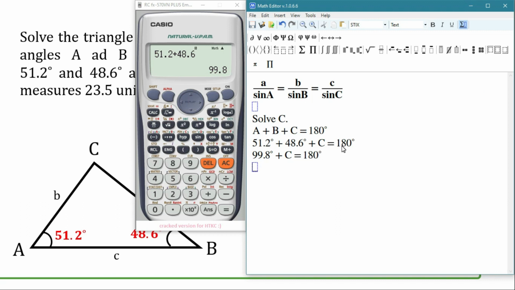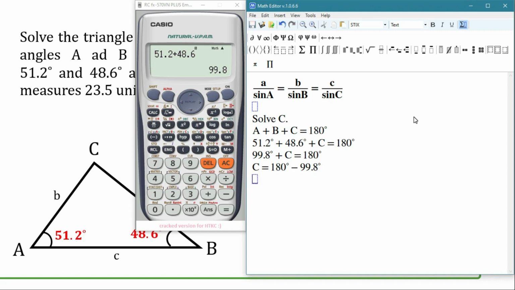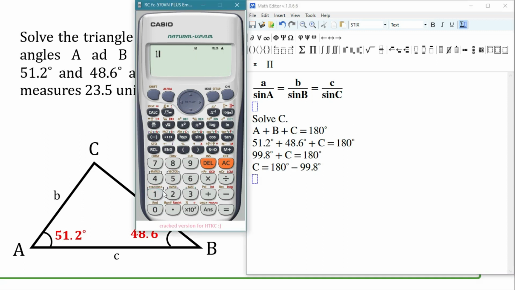Okay? And in this case, for us to get the value of C, we need to transpose 99.8 degrees to the other side of the equation, making this C equals 180 degrees minus 99.8 degrees. And simplifying this one, that is 180 minus 99.8 degrees.